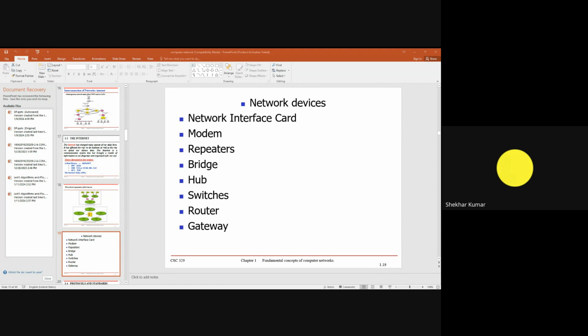Next is the switch. A switch is also called an intelligent device. A switch is a multi-port device. It also improves your network efficiency. A switch performs routing. A switch maintains routing, how one packet is transferred from one end to another end.